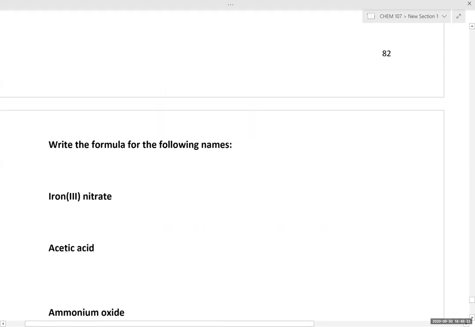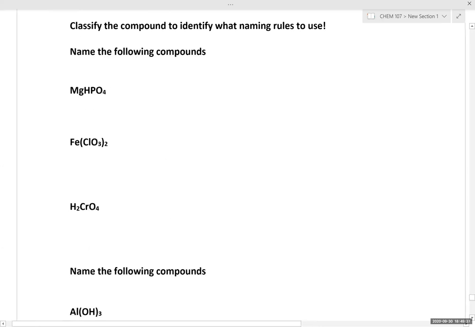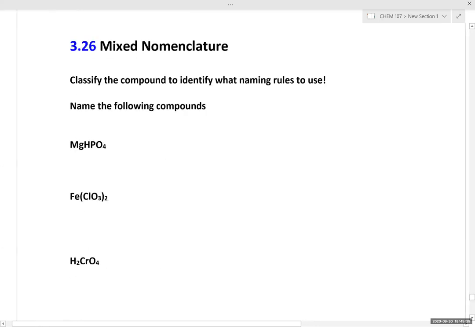You want to keep the rules current, because if you start to forget them, you'll end up mixing them up when you deal with mixed nomenclature, where you have to both classify and then name a compound. So that's the end of today's scheduled lecture session.